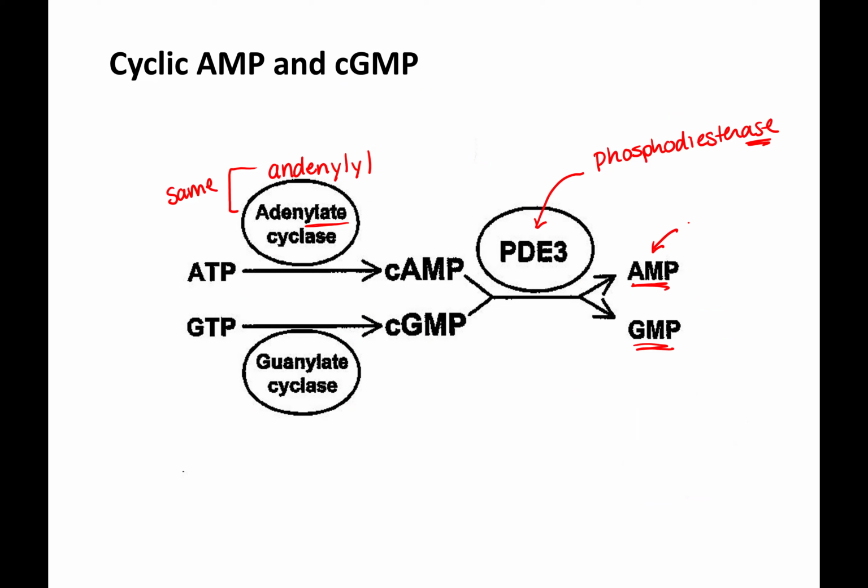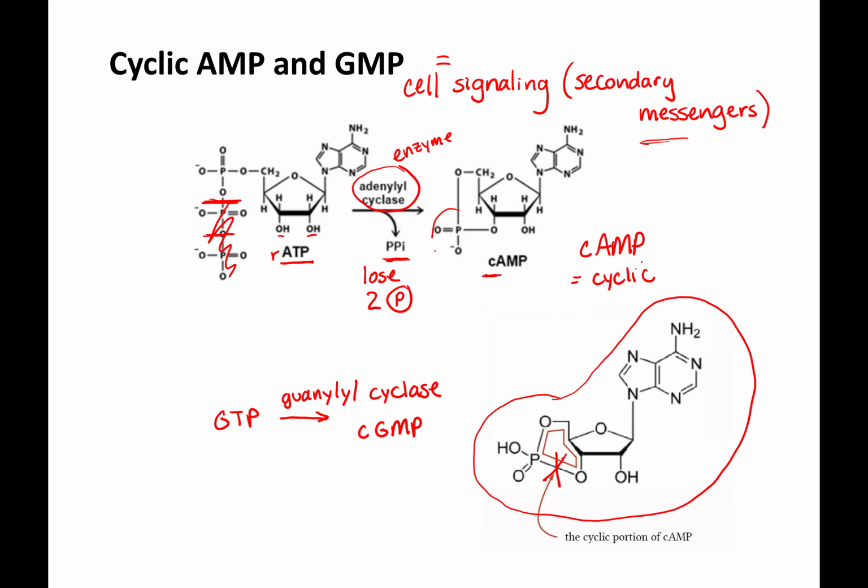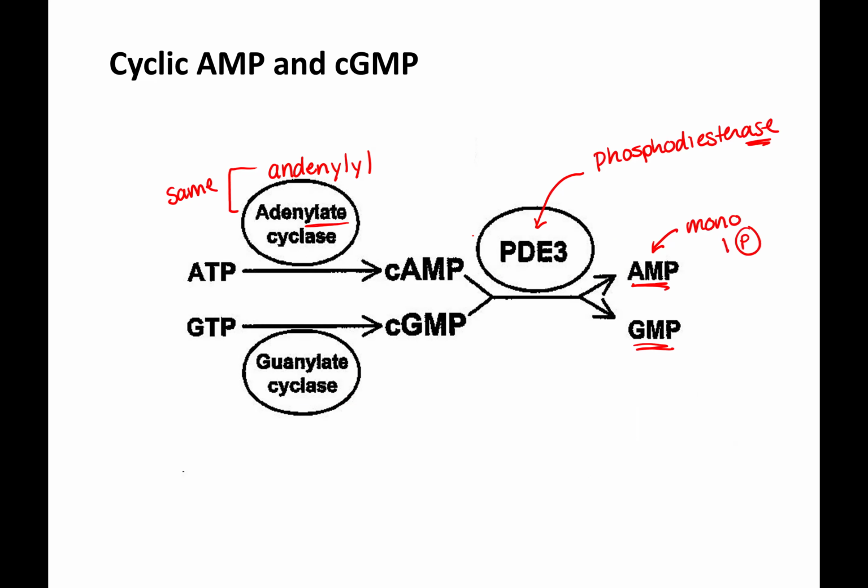This stands for mono, so it only has one phosphate. And if you look at the structure up here, you can see this is cyclic AMP, mono, just one phosphate. So when phosphodiesterase comes, now cyclic AMP is gone, broken down, and in cell signaling, that pathway would be turned off.